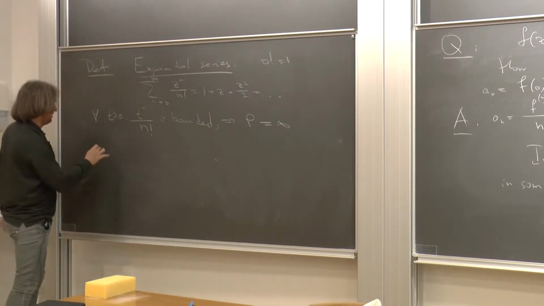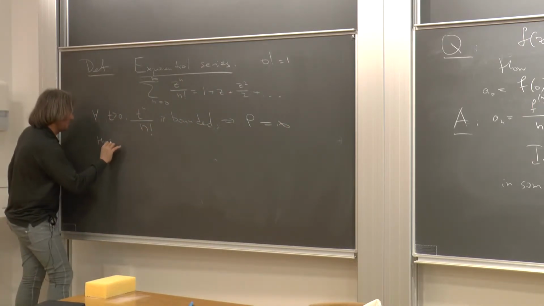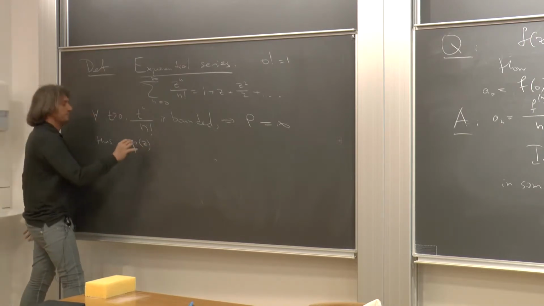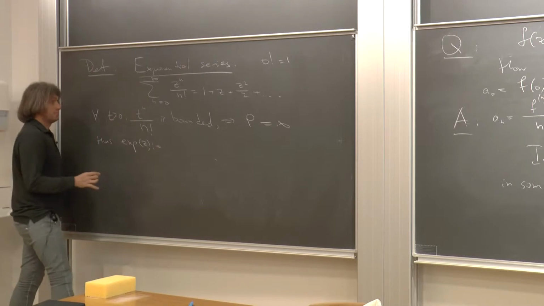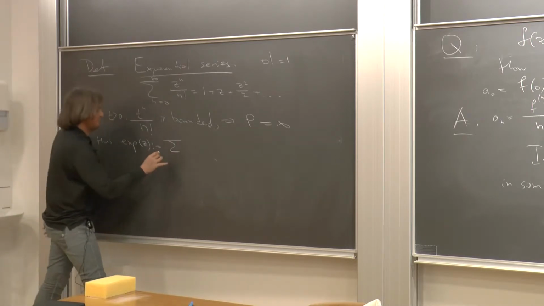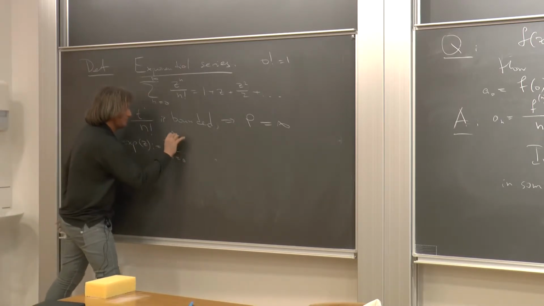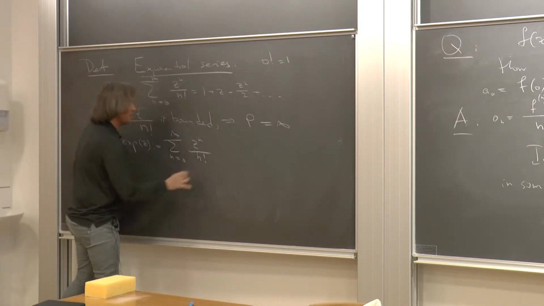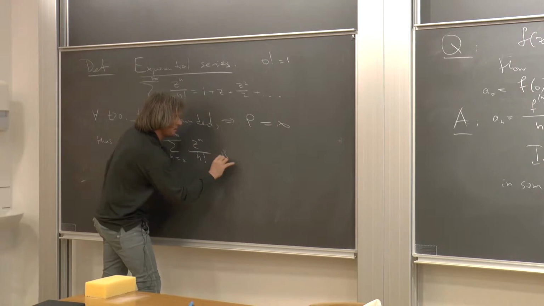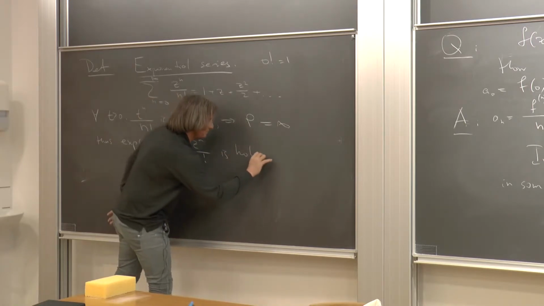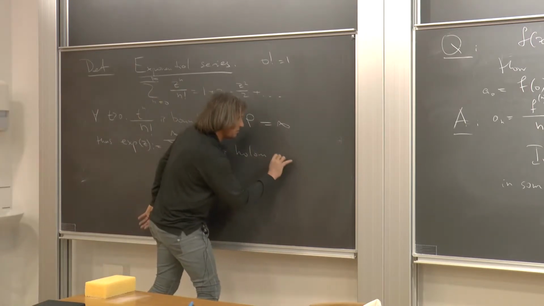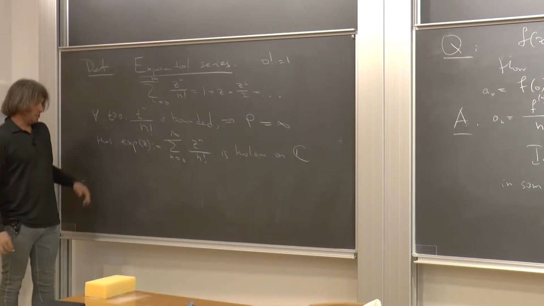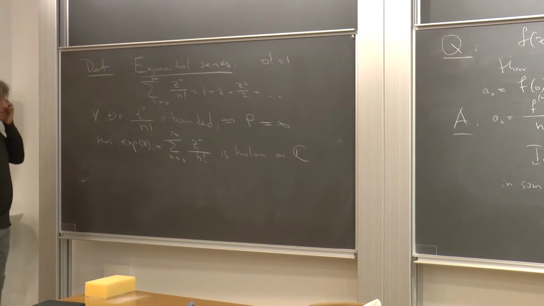So thus the sum, denoted by the exponential function of z, is holomorphic everywhere on the complex plane. So it converges, and so is holomorphic.